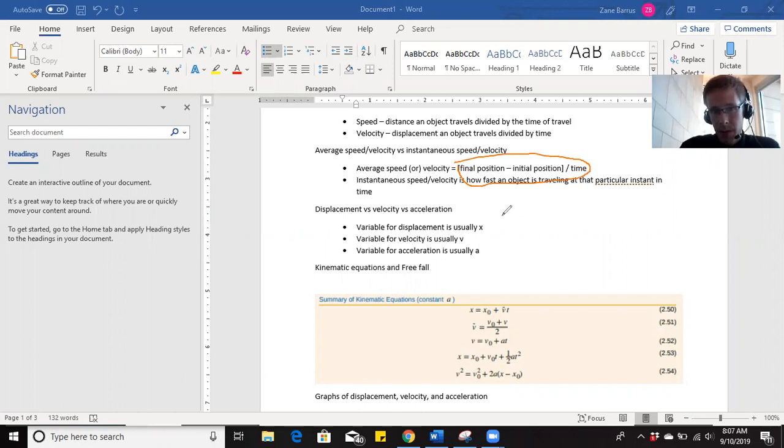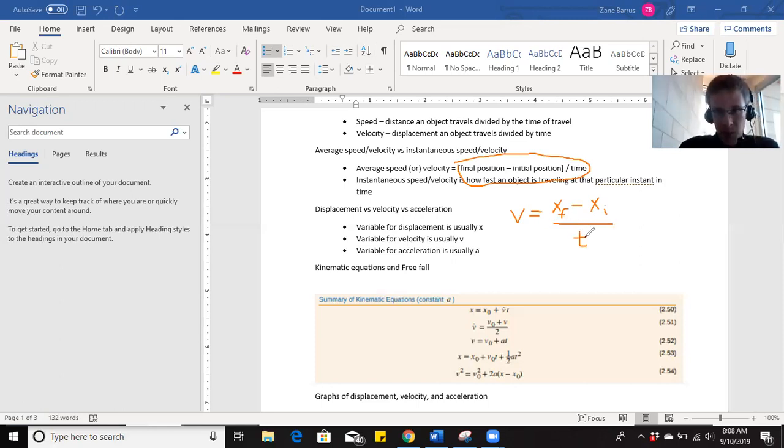So let's say I was trying to figure out velocity. Velocity is my final position minus my initial position divided by time, kind of like what we saw in the school example.